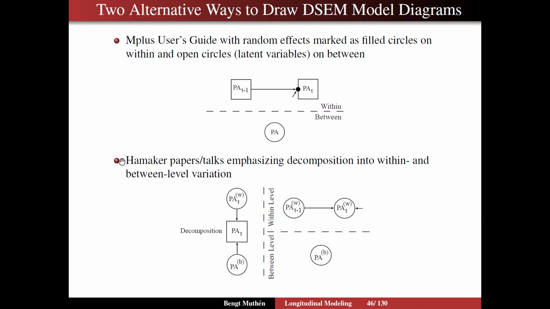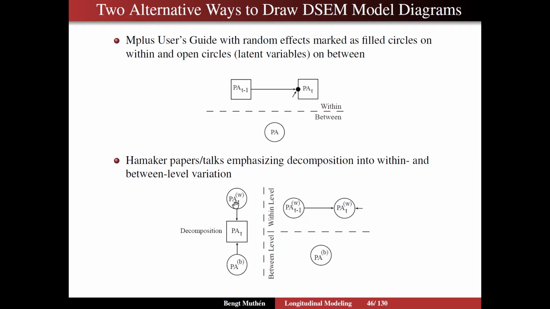Now, Ellen Hamaker has a different way of doing it, which is statistically precise. She emphasizes decomposition into within and between level variation. So first she considers a decomposition, what I talked about before: the observed variable is a sum of the between part and the within part, here with coefficient 1, again just a simple sum of the two.